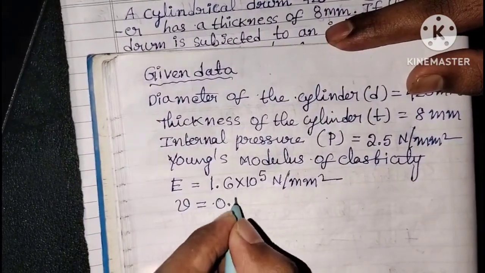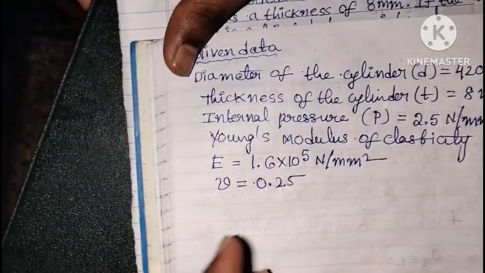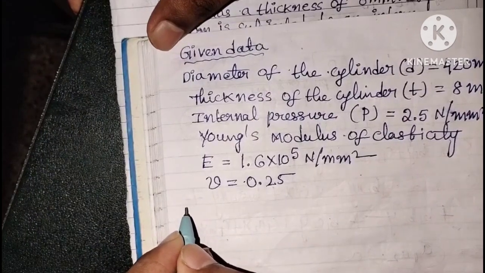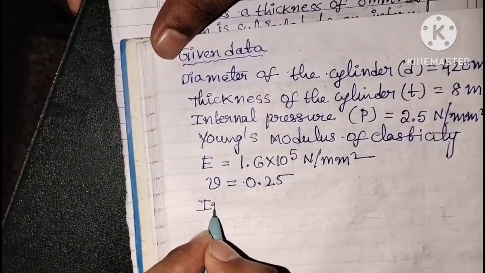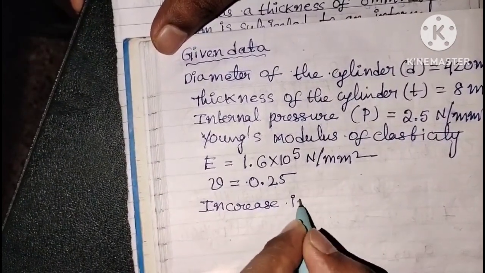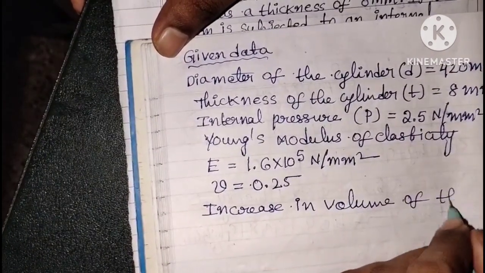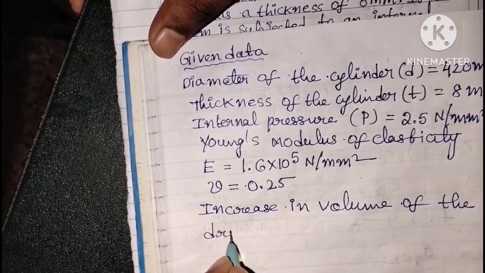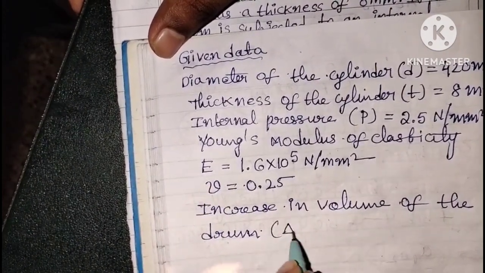Yes, 0.25. This is the given data. Here we need to find increase in volume of the cylindrical drum, generally denoted by delta V.